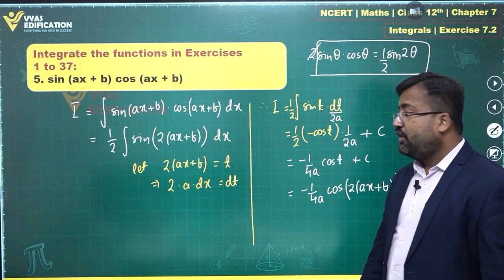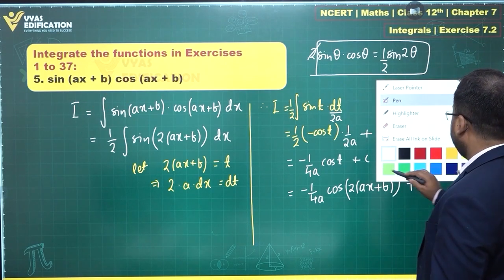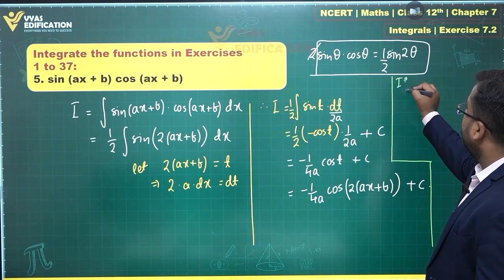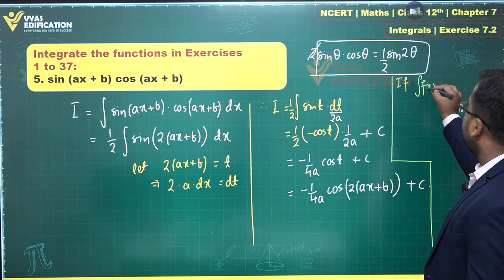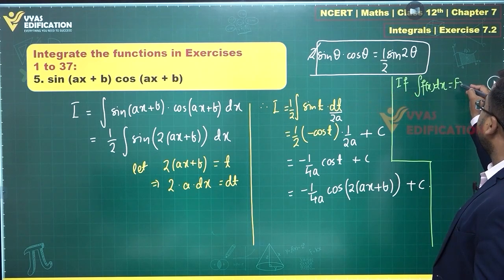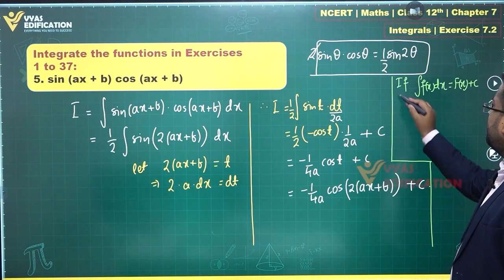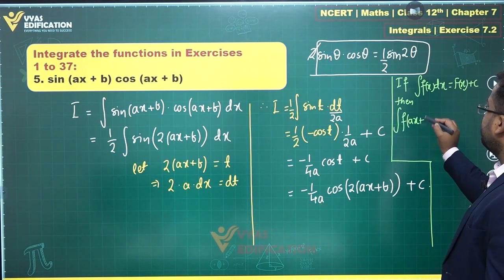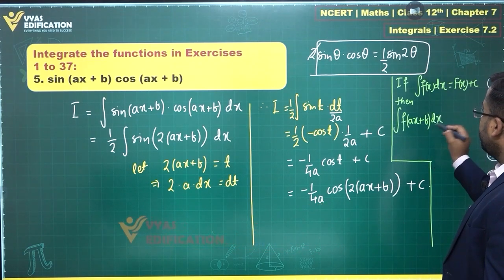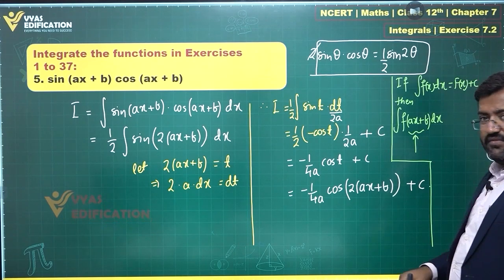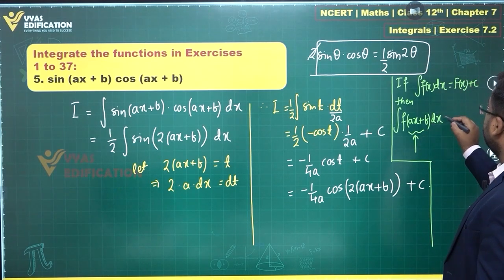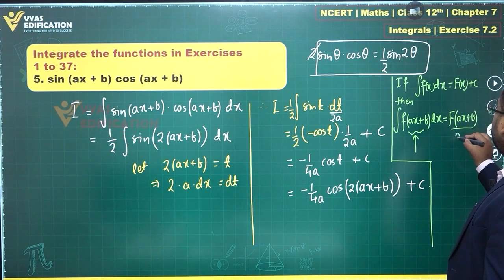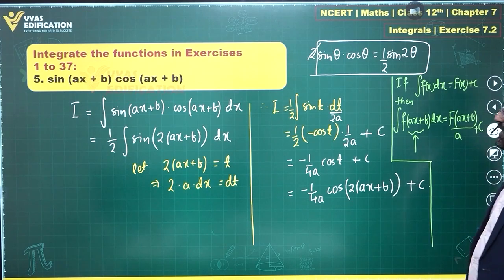Okay. And what is that important result that I wanted to share with you? The important result is this, that if integral of f(x) dx is equal to capital F(x) plus constant of integration, then integral of f of linear expression ax plus b dx, if you have a linear polynomial instead of x, this becomes capital F(ax plus b) upon a plus constant of integration.